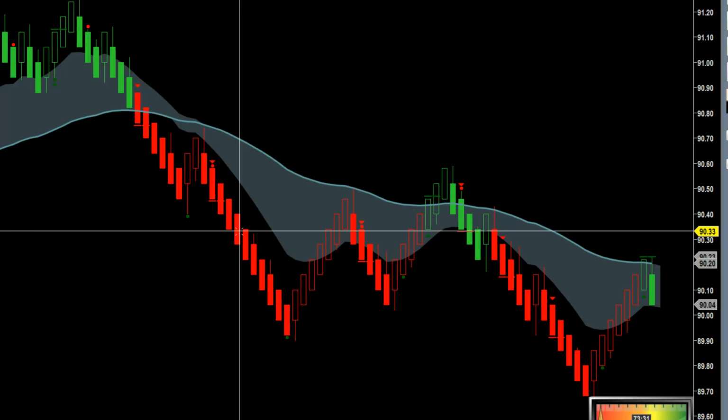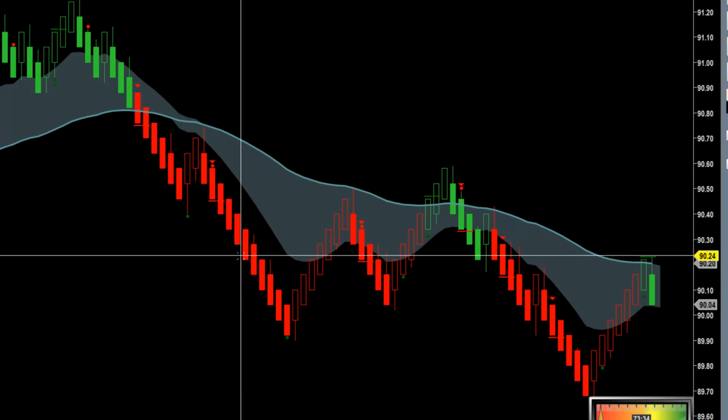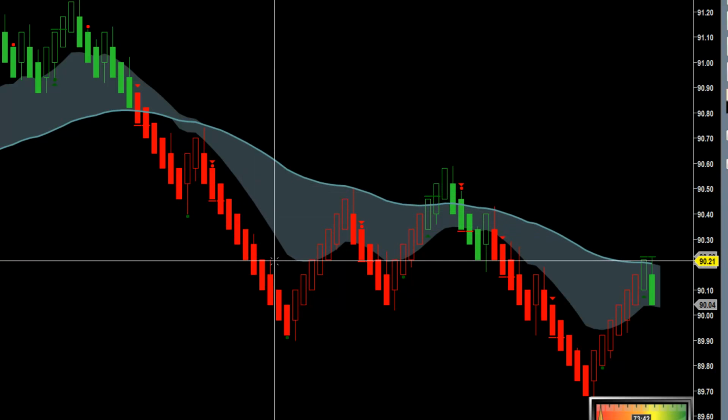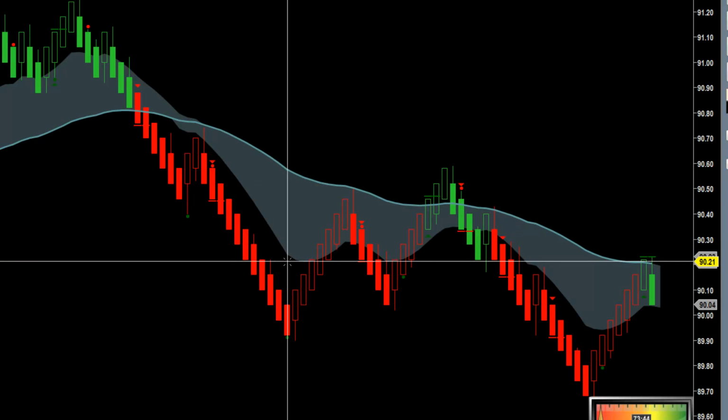All right, so I've got my first target off here at 33. I'm going to take my second target off here at 23. And then as my band moves down, I like to use this band to have my stop follow. So in this case, my third contract, I'd be getting pulled out at about 21 or 22.